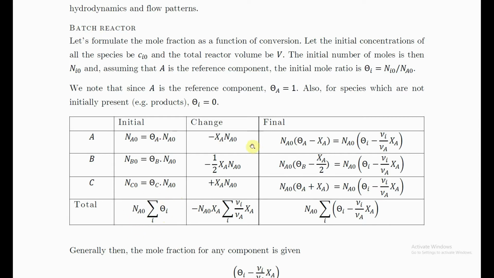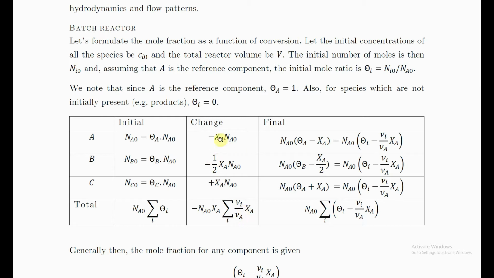And then in terms of the change, A reacts, so it's converted. So just rewriting in terms of conversion, we know component B is converted half as fast as component A. And then we know that component C is formed in the same amounts that component A is consumed. So those are the three species, and we can rewrite this in terms of stoichiometric ratios.